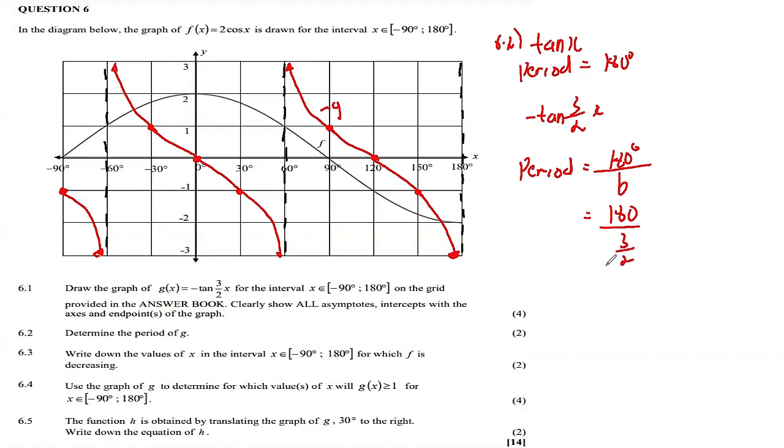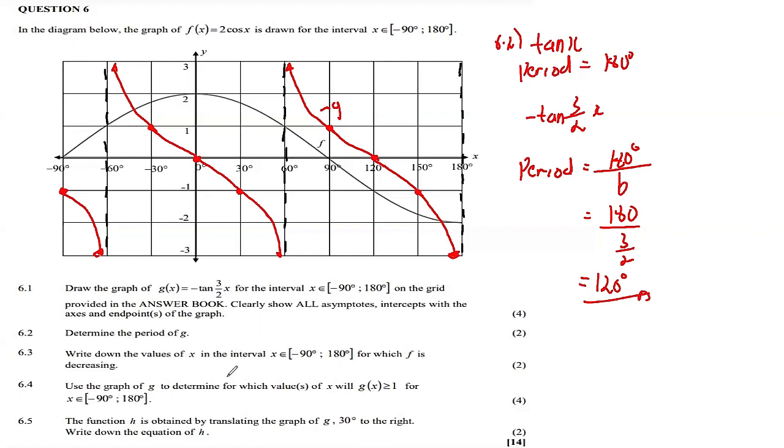When we punch that into our calculator, we end up with 120 degrees. So the period for this graph is 120 degrees. Note how I solved it. I said the period for the mother graph of tan is 180, but now that I have 3/2 here, I need to say 180 divided by 3/2, or you can simply write this as 1.5, which is still the same thing. Then you get 120 degrees.